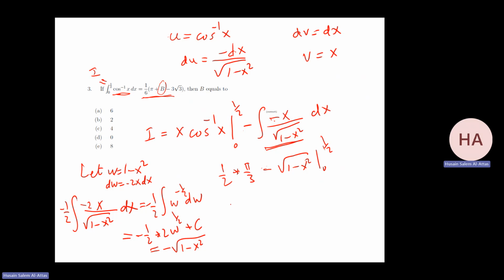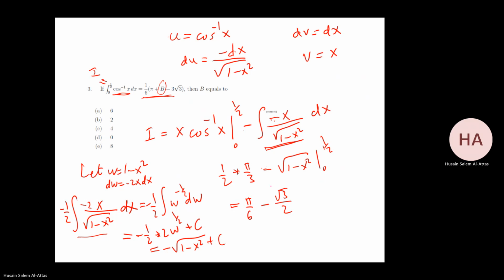Since this integral is minus this plus c, I don't need the plus c. Now this one will be square root 3 over 2.